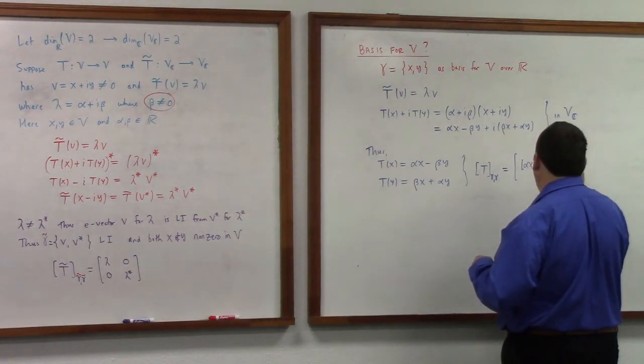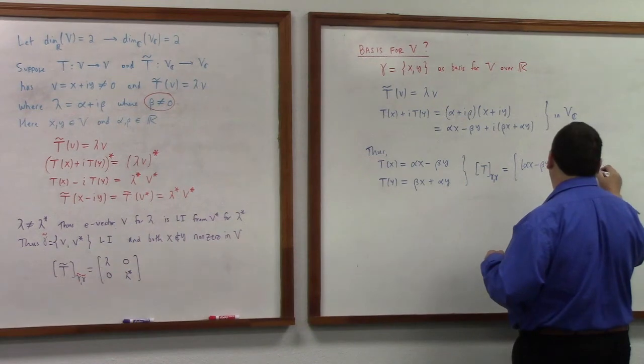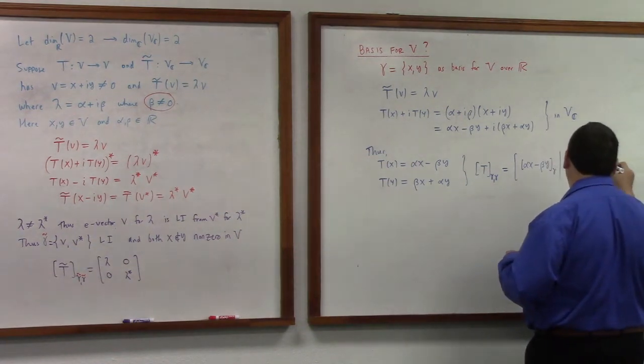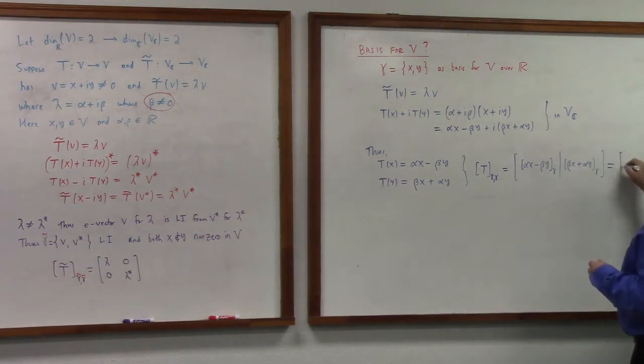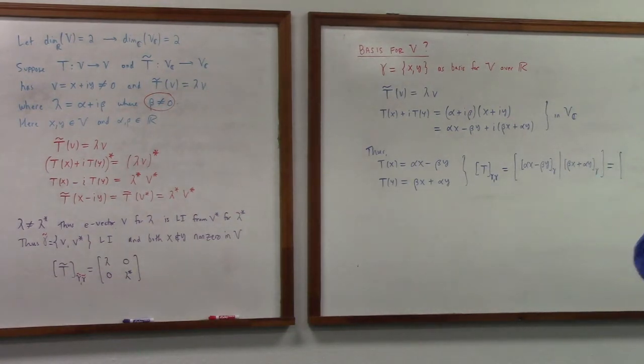We need to find the gamma coordinates of that, and then beta x plus alpha y, find the gamma coordinates of that. What is that equal to, though?